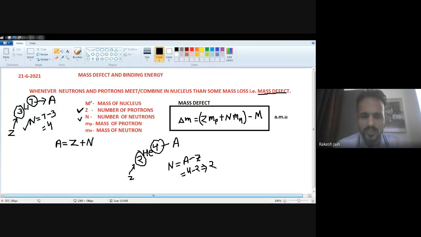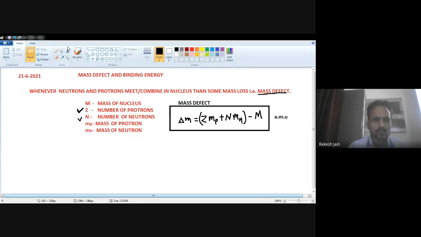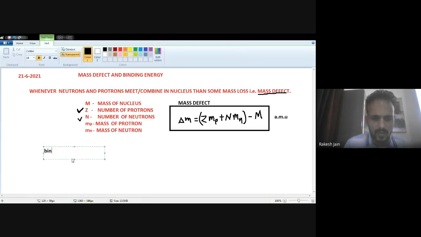We can easily find the mass defect in atomic mass units. Now, what is the binding energy?